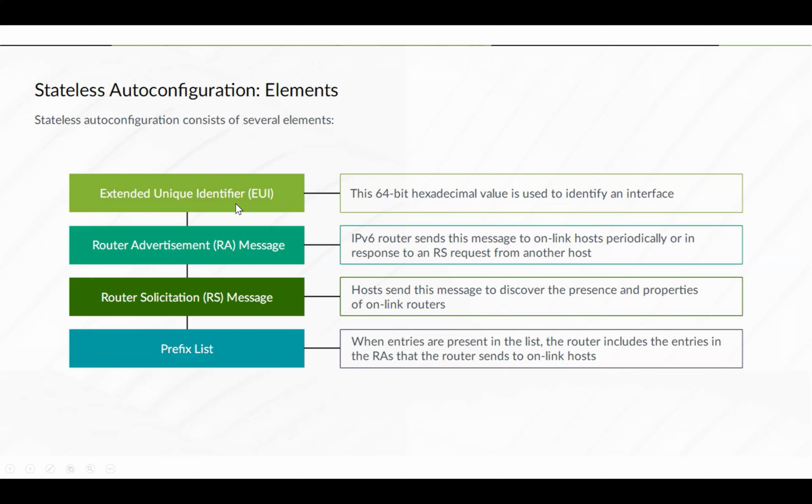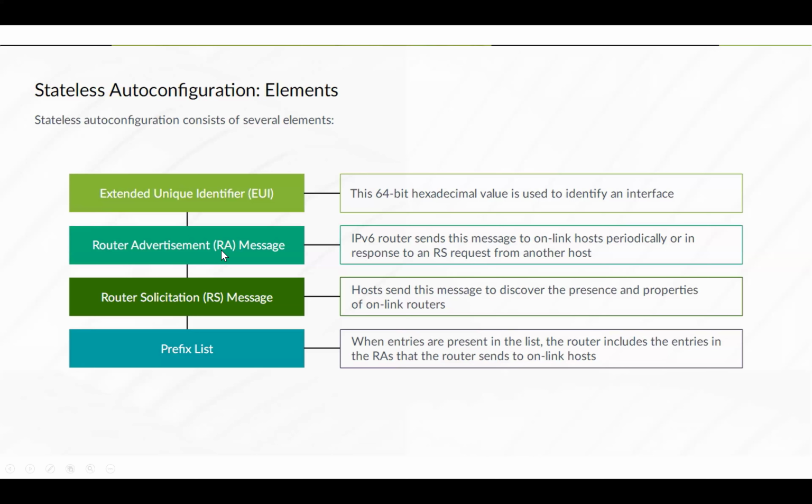I already showed you the last 64 bits will be made using the NIC MAC address of 48 bits, and they insert a 16-bit value, triple FE, in between the MAC address. This is the process of EUI-64 or extended unique identifier.